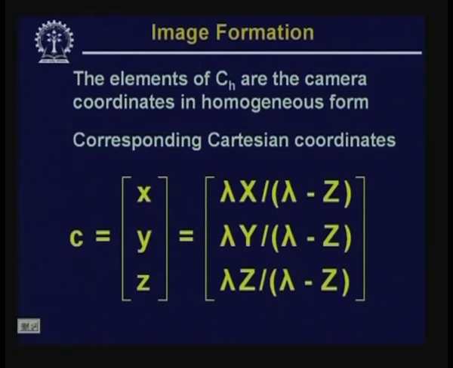So, you just note that x, y, z in the lowercase letters indicate the camera coordinate, the image coordinate, whereas x, y, z in the capital form represent the coordinate in the 3D world, or the 3D coordinate of the world point W.